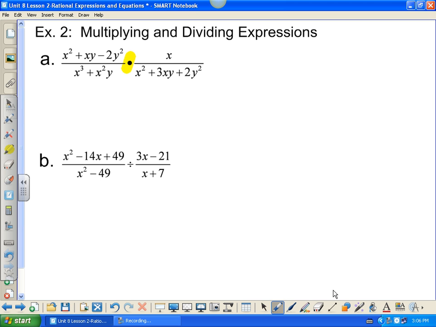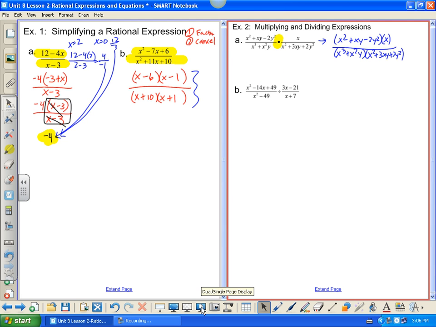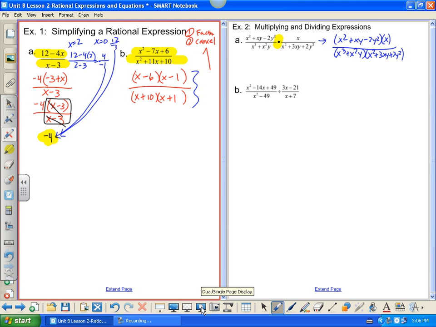When I multiply fractions together, I just multiply the numerators together, and then I multiply the denominators together. Now you have an expression a little bit more complicated than on the first slide, but basically the idea of factor and cancel is what we do at this point.